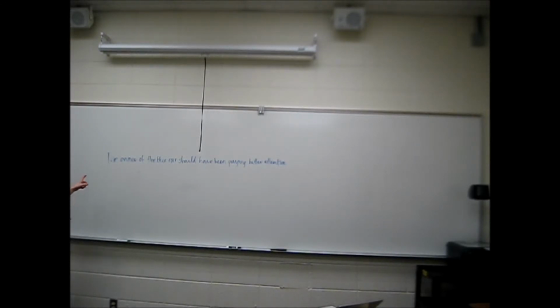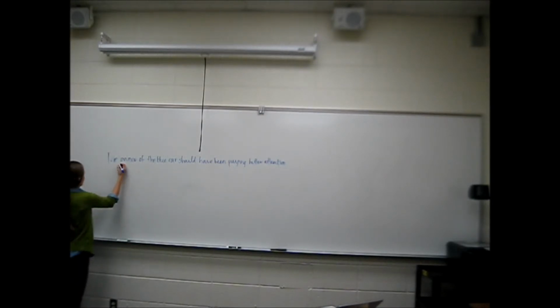Actually, we're going to be looking at who's doing the action in this sentence. Can you guys tell? I'll just start with this. Owner. Perfect. Yes. The owner is the main subject of the main noun in this sentence.